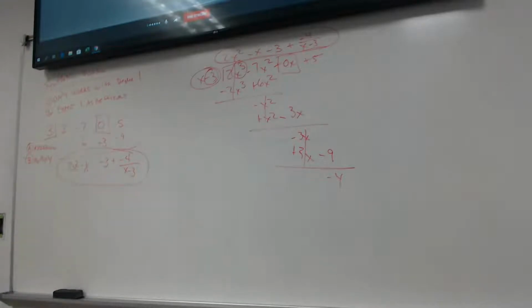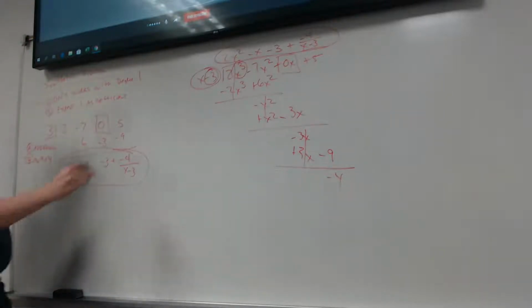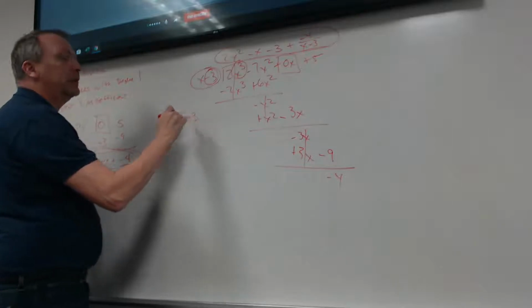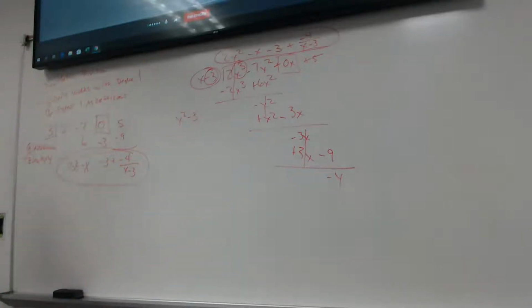Pretty cool, huh? Who besides Jeffrey likes the synthetic division? It's way easier. Now, just one rule: it only works with degree of 1. So if I had x squared minus 3, I can't do synthetic division. I have to do long division.